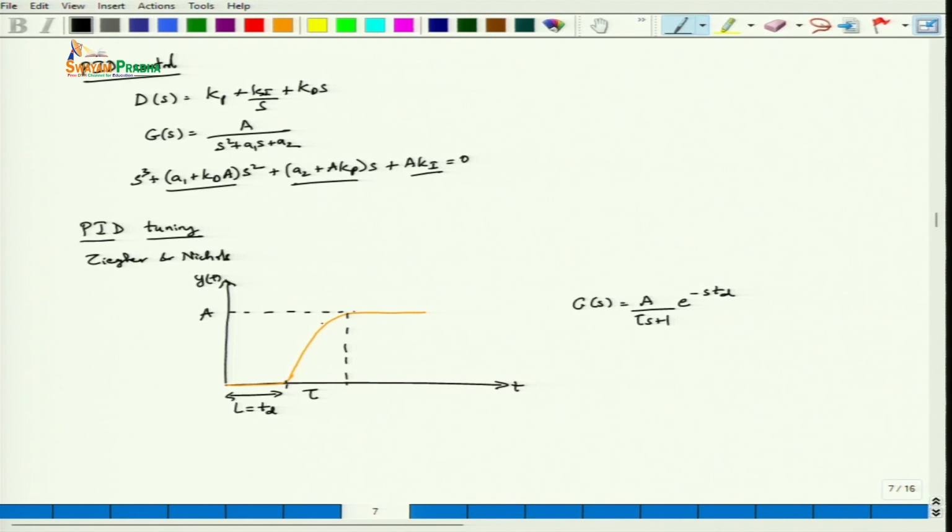If we consider this slope, A by tau, then we have something called the reaction rate, which is basically A by tau.